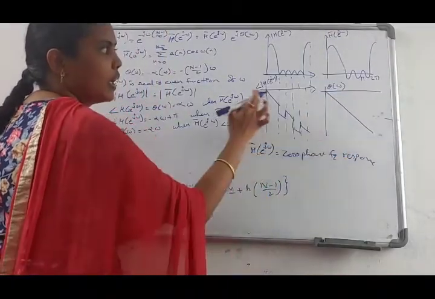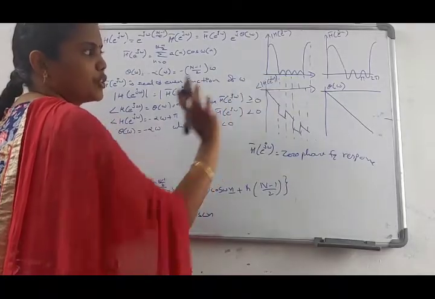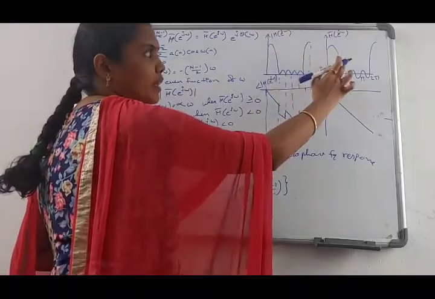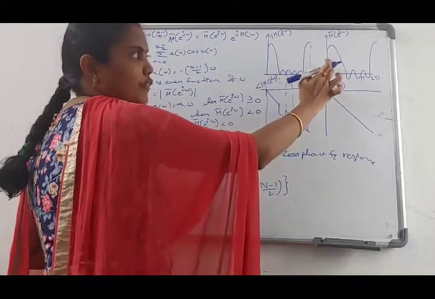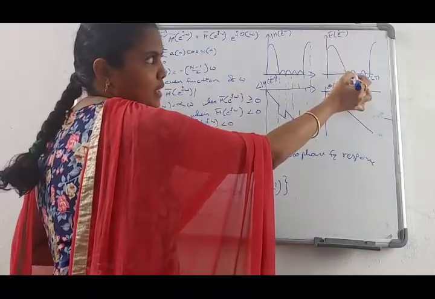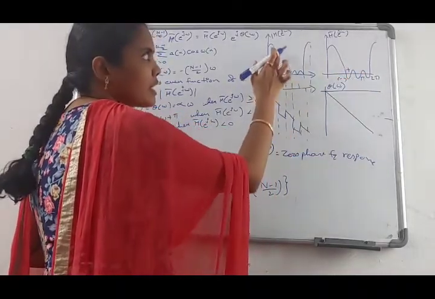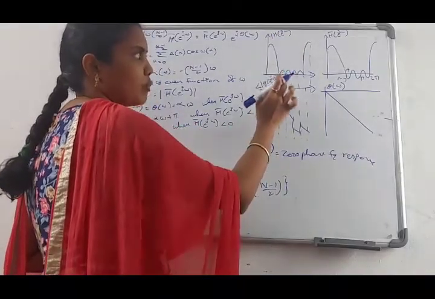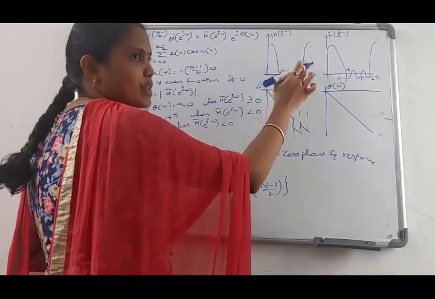And then theta of omega, the angle of h of e power j omega. Now compare the magnitude and the 0 phase frequency response, these two. Here the 0 phase response contains pulses on both the positive and negative sides, whereas the magnitude response of h of e power j omega strictly follows the frequency response on the positive side only.